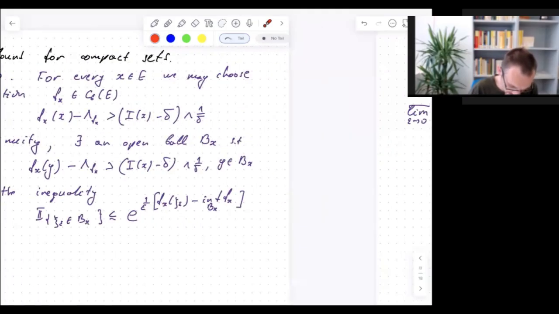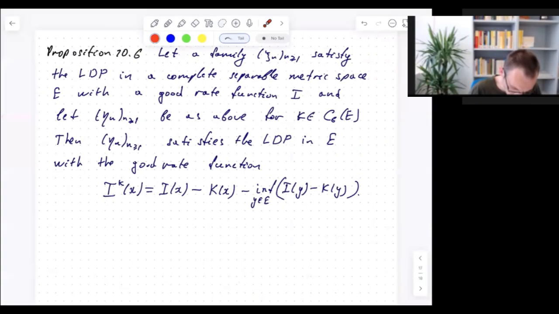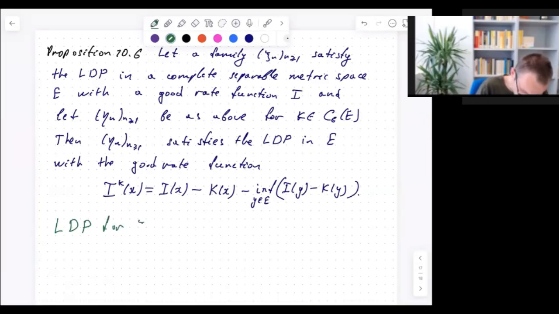A few words about the idea of the proof. Our idea would be the following. First of all, we have the LDP for psi n. Then by Varadhan we want to go to the statement about the behavior of the limit of the logarithm of the expectation of functions.